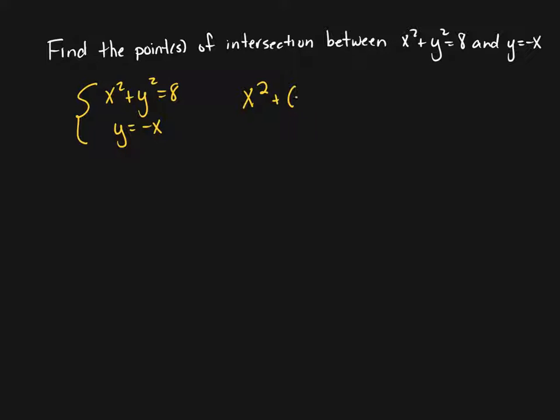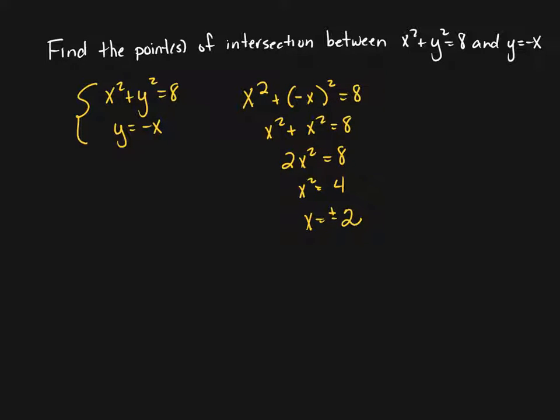So for y, I'm going to put in negative x. So that's going to give me x squared plus negative x squared, which is x squared, and I'm going to have 2x squared equal 8, or x squared equals 4. So x is plus or minus 2.